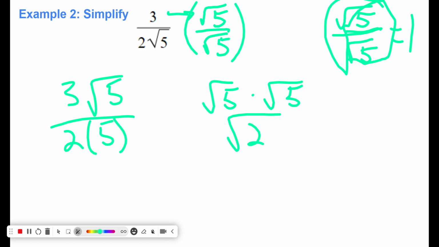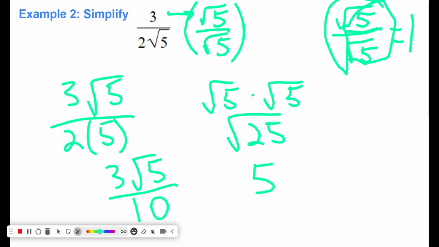This would end up being the square root of 25, which would be 5. We are almost done simplifying here. 3 root 5 on the top, on the numerator, is fine. The denominator does not have any more radicals, but we can multiply 2 times 5 and get 10 as a final answer.